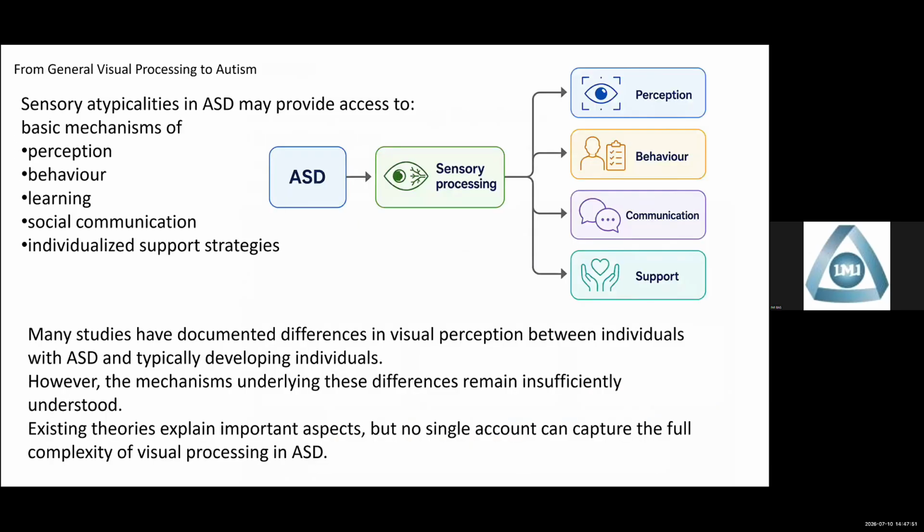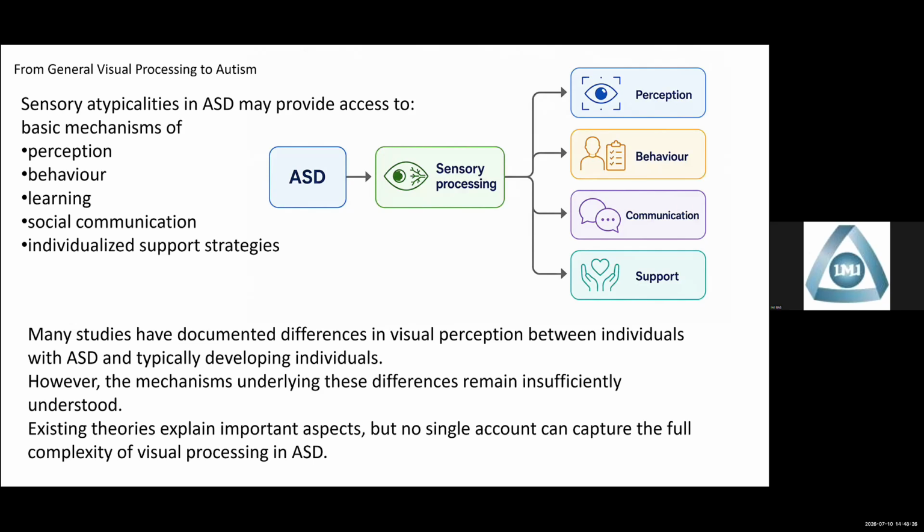Besides the core diagnostic features of autism spectrum disorder, which are connected mostly to problems in social interaction and communication, it turned out that this condition shows a very atypical perception of sensory information, and especially visual information.